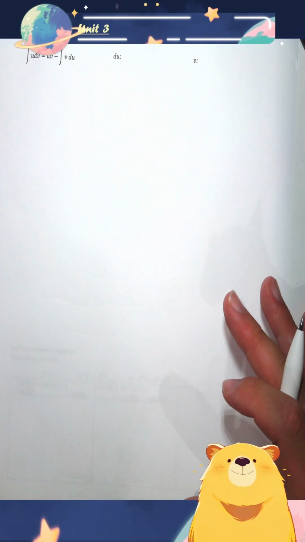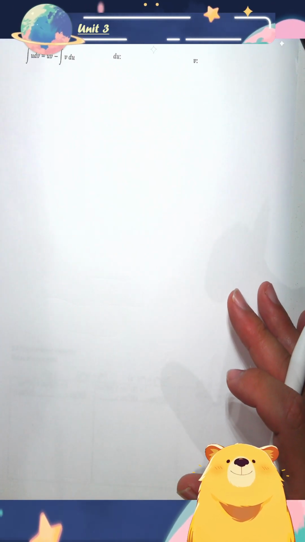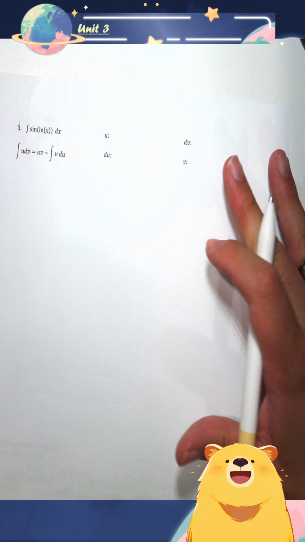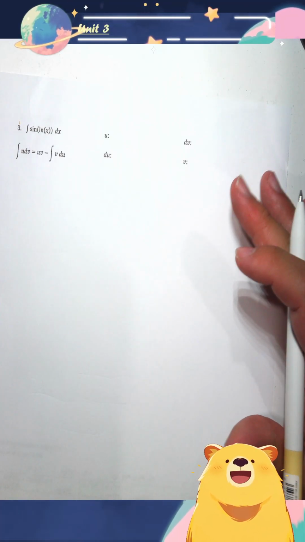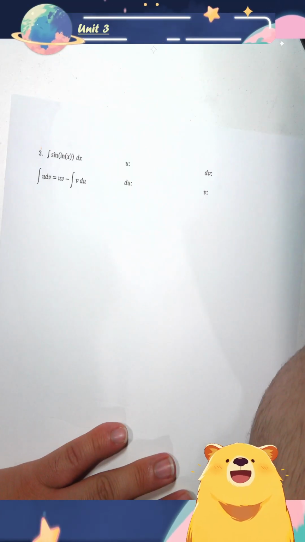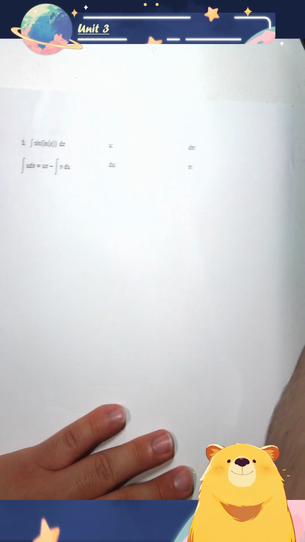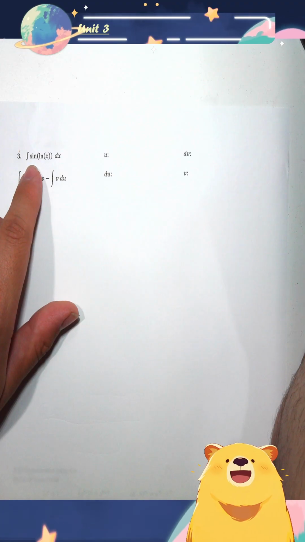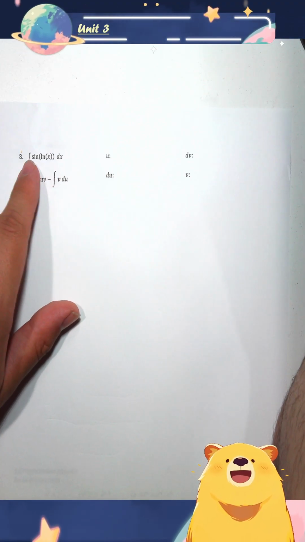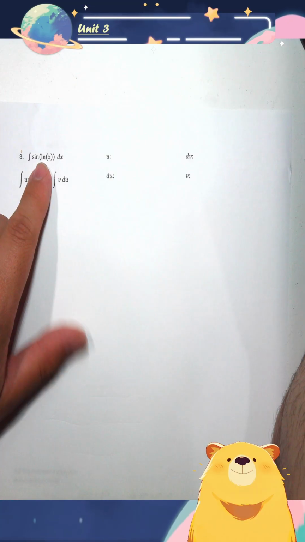All right. Next, we have an issue. Not only do we have a function within a function, but a function within a function within a function. You could argue, well, let's use substitution, just classic substitution. Well, there is no derivative of either sine or ln that appears within this integral.